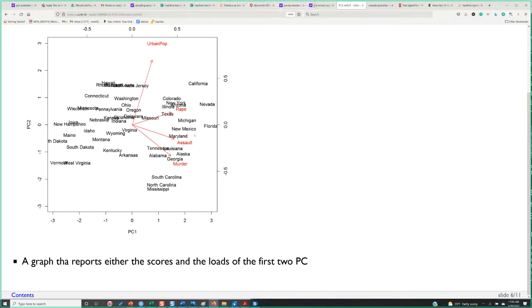Broadly speaking, high crime level, right? On the other hand, the highly urbanized are Hawaii, New Jersey, California, Washington, Connecticut, Rhode Island. The least urbanized are North Carolina, Mississippi, Arkansas, Kentucky, West Virginia. Reading this way is urbanization. Are you with me?